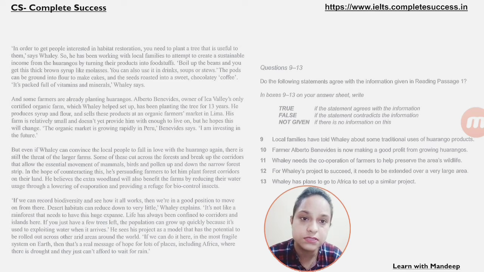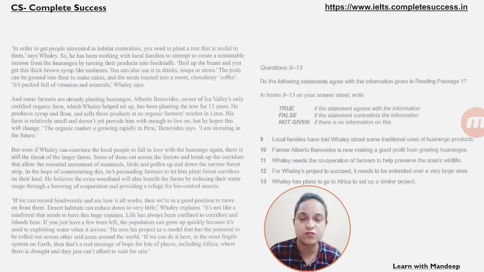And then, if we can do it here in the most fragile system on earth, then that's the real message of hope for lots of places, including Africa, where there is drought and they just can't afford to wait. So the question was whether he has plans to set up a similar project in Africa, but there is nothing mentioned that he has made any plans.